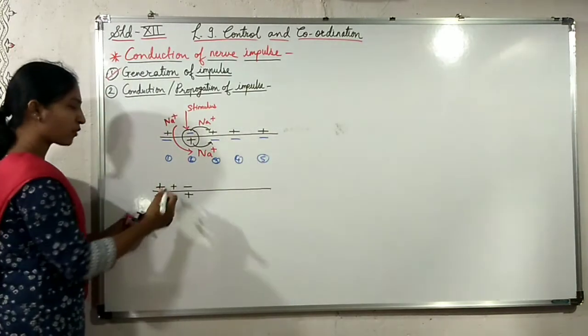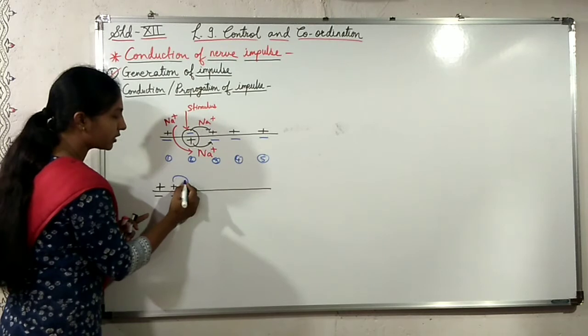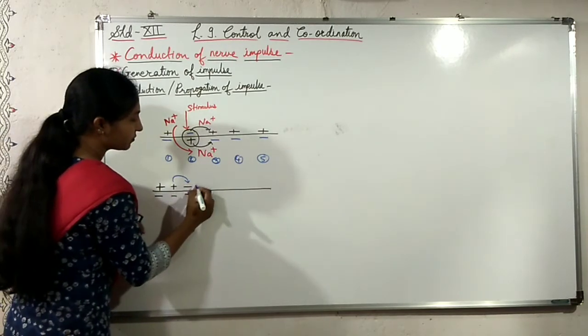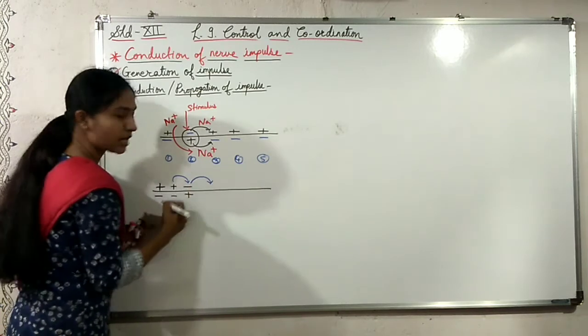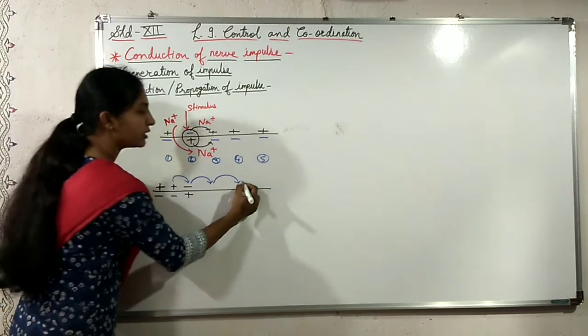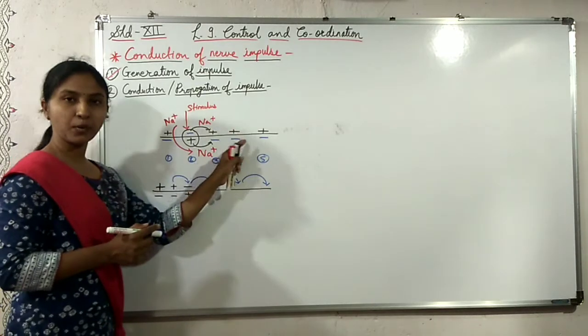From point 2 to point 3 the charges are conducted. In the same way, from point 3 to point 4 the charges will be conducted. From point 4 to point 5, in this way the charges are conducted from one point to another point on the nervous membrane.